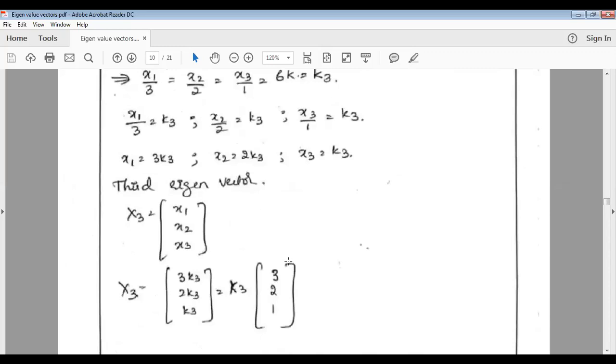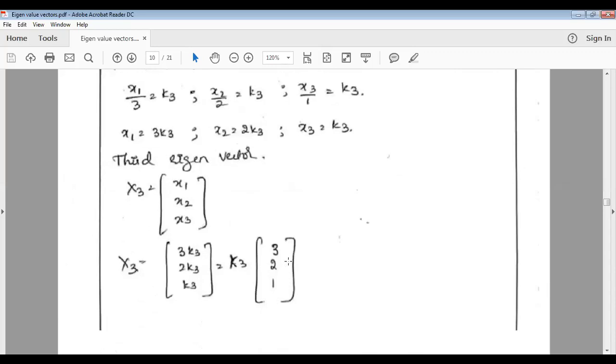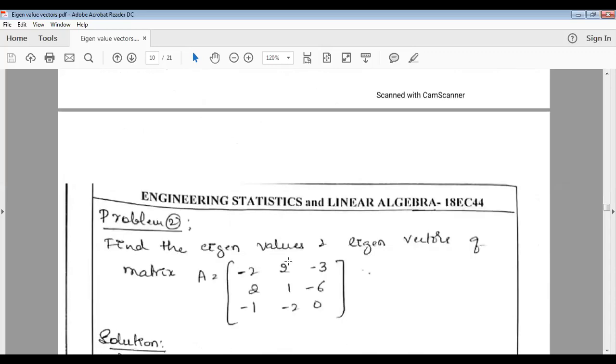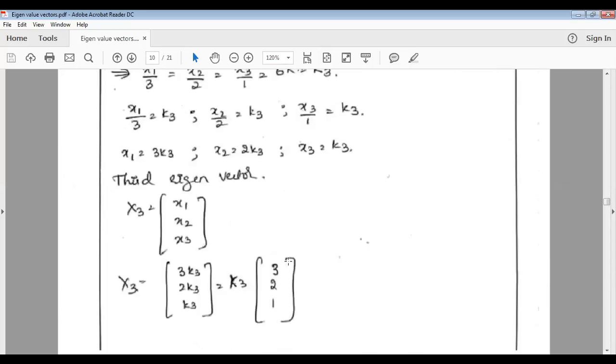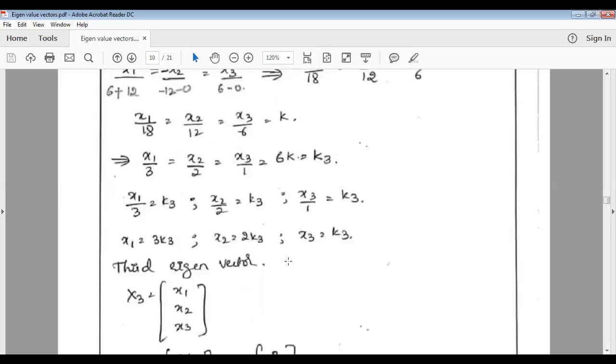The process remains the same. So for three eigenvalues, you have three eigenvectors, and that's your answer. So that was the question: given a matrix A, you need to find the eigenvalues and then the corresponding eigenvectors. We have a couple more problems to solve.